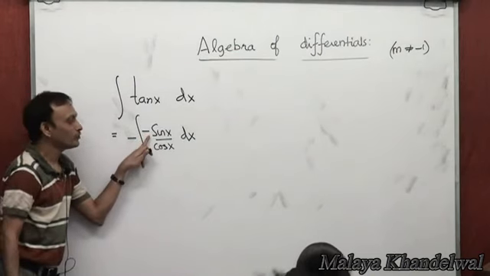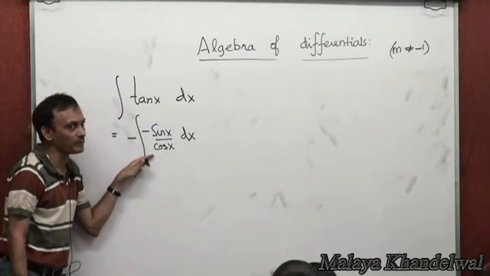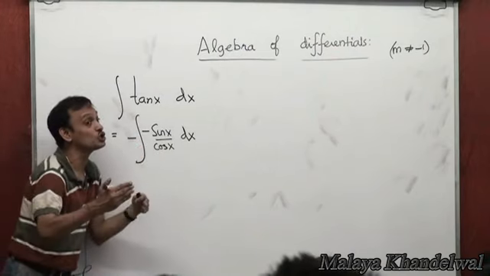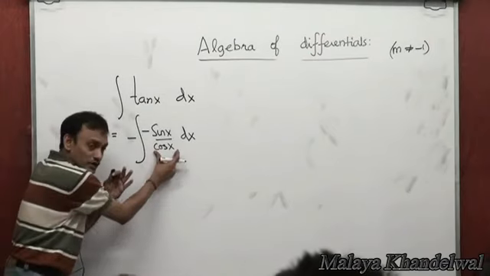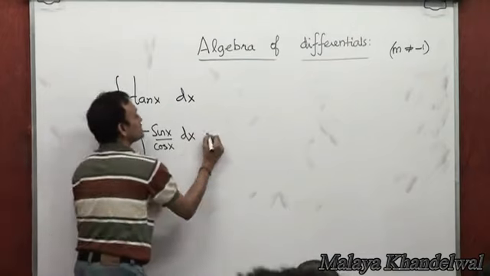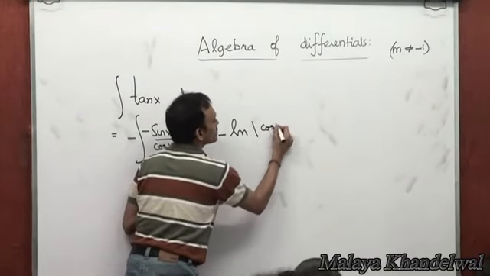So now, with this small adjustment, we've caused the numerator to become the derivative of the denominator. And when the numerator is the derivative of the denominator, the integral becomes log mod denominator. So log mod cos x with a minus sticking out. So this then is minus log mod cos x.